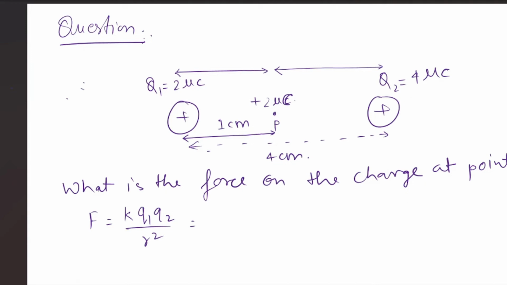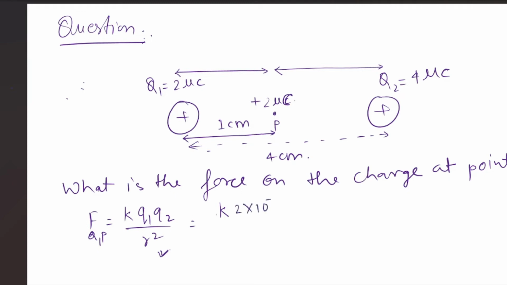So first, let's start with Q1 and P. The force between Q1 and P can be calculated using K Q1 Q2 by R square, which is Coulomb's law. So we can write K, Q1 is 2 microcoulomb.